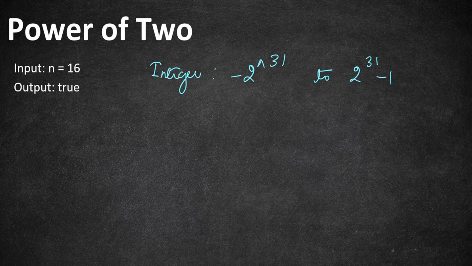So the possible positive power of 2 value that we can get in any integer is 2 power 30. Why? Because 2 power 31 is the last power and we are doing a minus 1, so there can't be 2 power 31 to contribute. So 2 power 30 is the maximum value we can actually have.